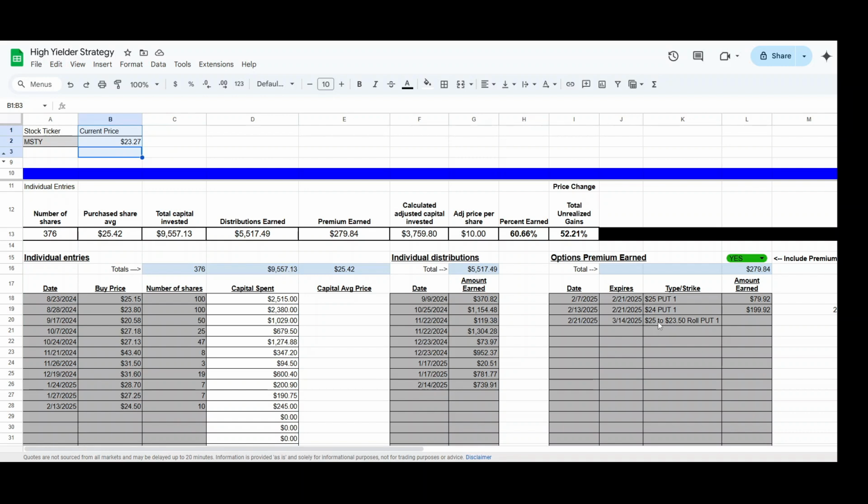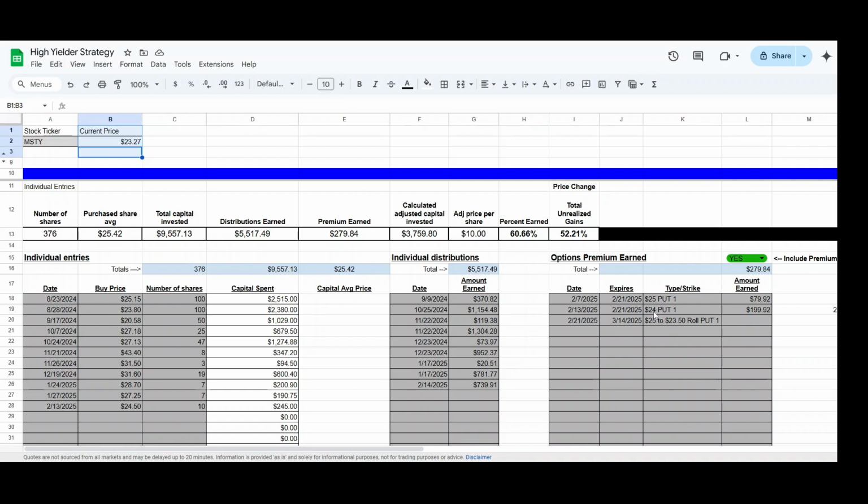That means that if the current price hits $23.50 by March the 14th, then I could be put those shares at that point. But what I'm looking for is that price to go back up, and then this just expires worthless. So that's what I did for the $25 put.